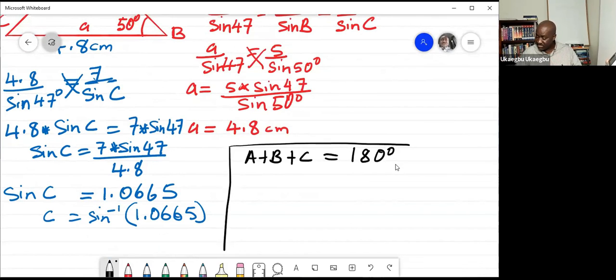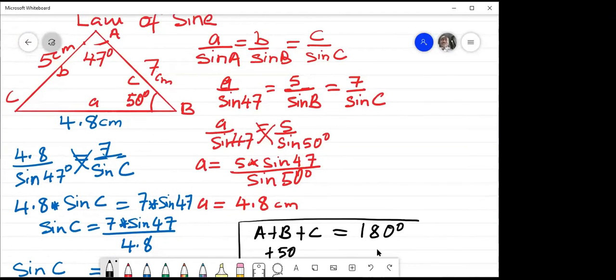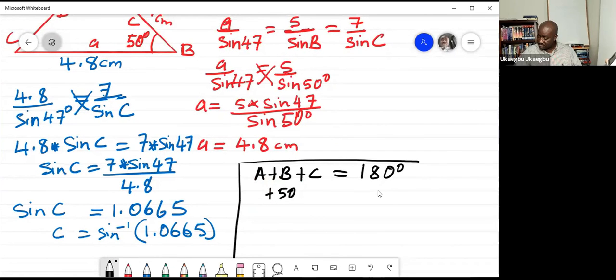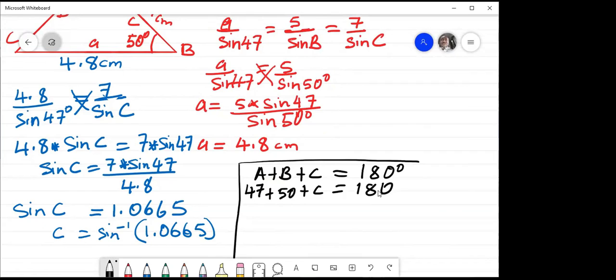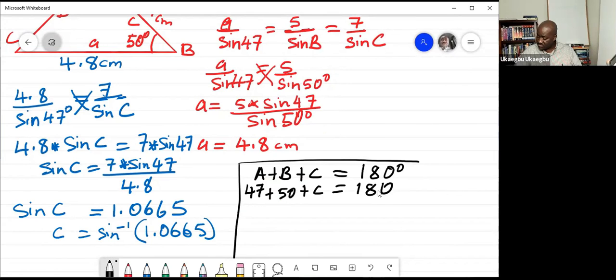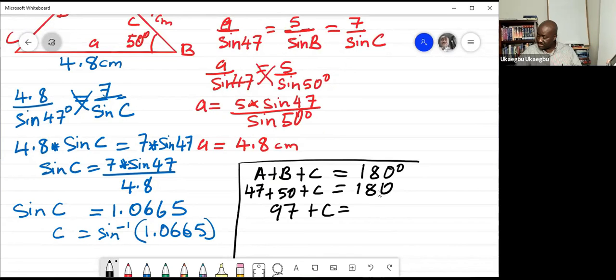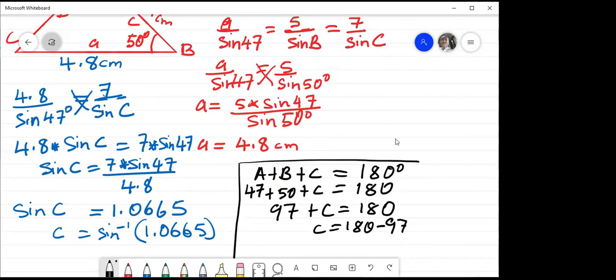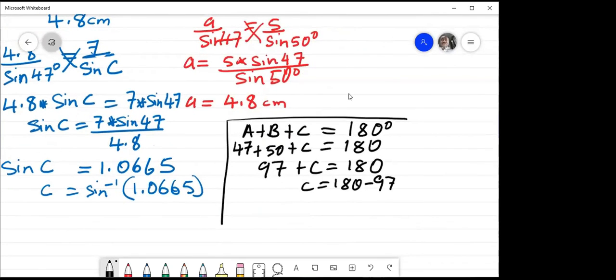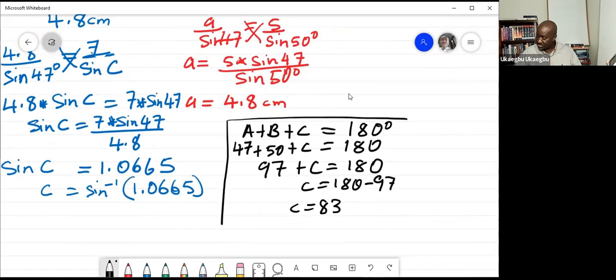Since B is 50 and A is 47 degrees, you have 47 plus 50, which gives us 97. 97 plus C is equal to 180, and therefore C is 180 minus 97, which gives us 83. All right, so C is 83 degrees.